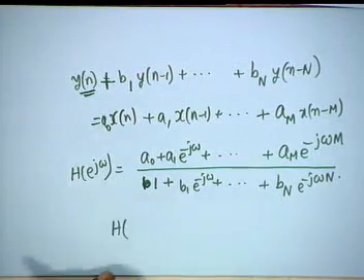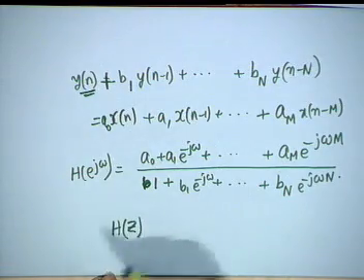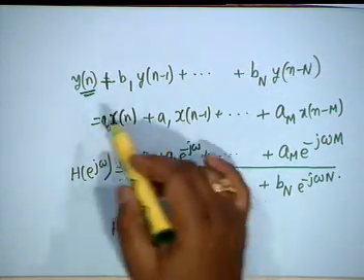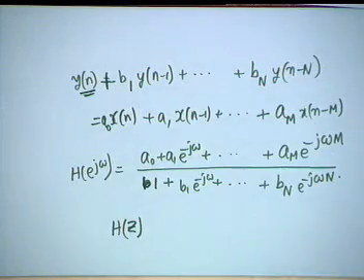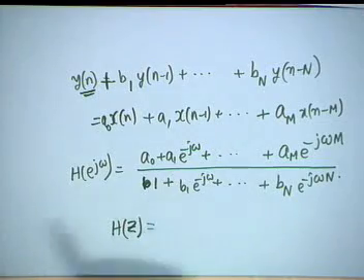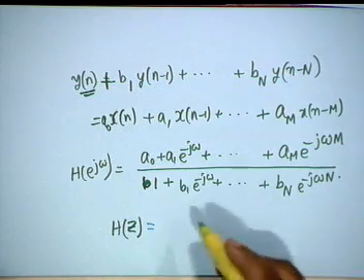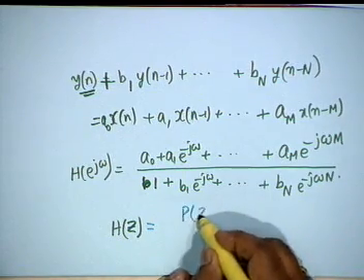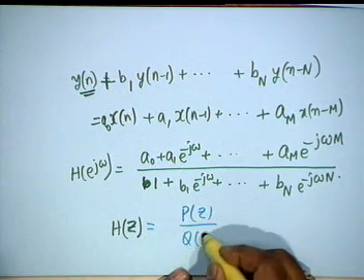There is no reason why you cannot Z transform and generalize capital H to capital H of Z. That is, instead of taking the Fourier transform, we can also take Z transform, provided the Z transform exists. And H of Z can now be written as a0 plus a1 Z inverse plus etc. So, it would in general be of the form P of z by Q of z.